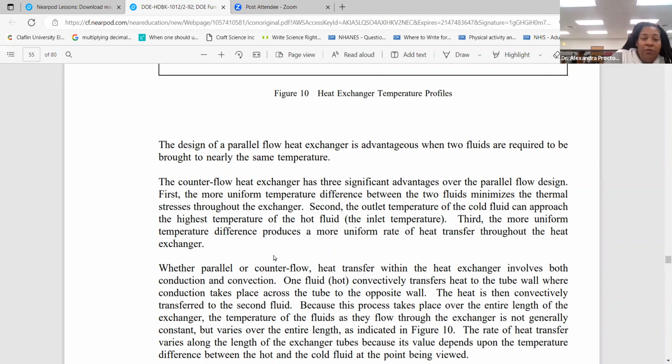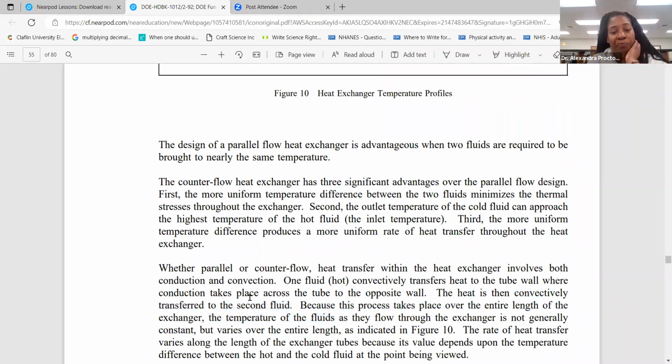And third, the more uniform temperature difference produces a more uniform rate of heat transfer throughout the heat exchanger. So whether parallel or counterflow, heat transfer within a heat exchanger involves conduction and convection.